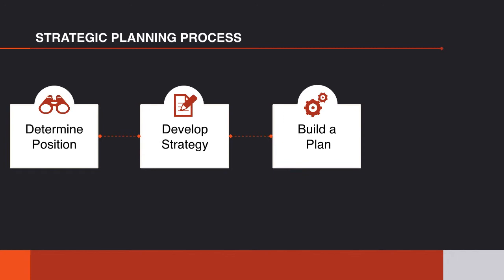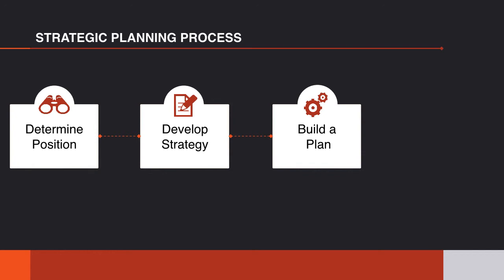A strategy is much bigger than a plan. When you are developing your strategy, you are looking at goal setting and finding different ways to achieve those goals, while a plan looks at the specific or smaller steps that you need to take in order to achieve those goals. A plan looks at who, what, when, how, and answers all those technical action plan questions.